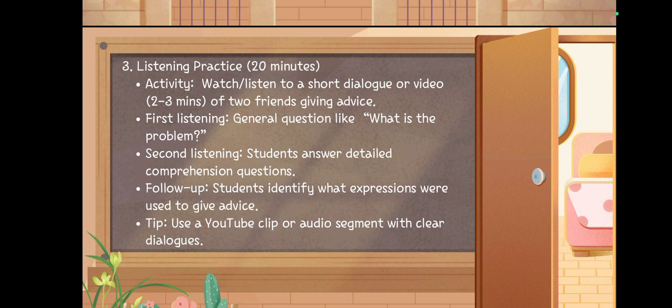So, for example, take a video from YouTube of two friends who are each having problems, and the goal of their conversation is to make suggestions and give advice to the person who is in trouble. And after watching the video, there are also a few follow-up activities, like the first listening, a general question like what is the problem.